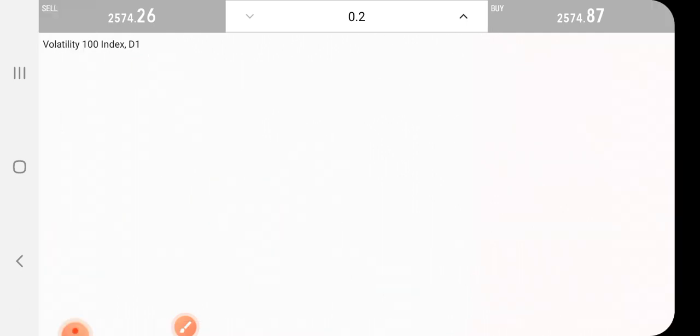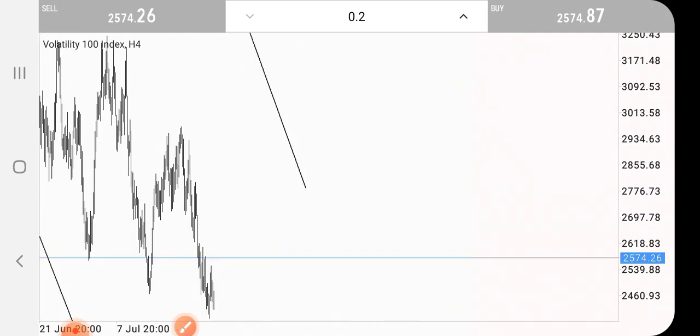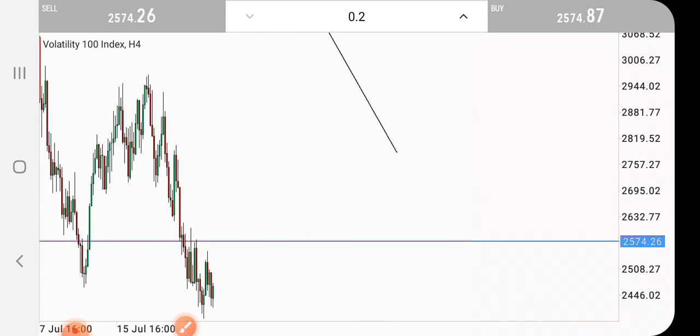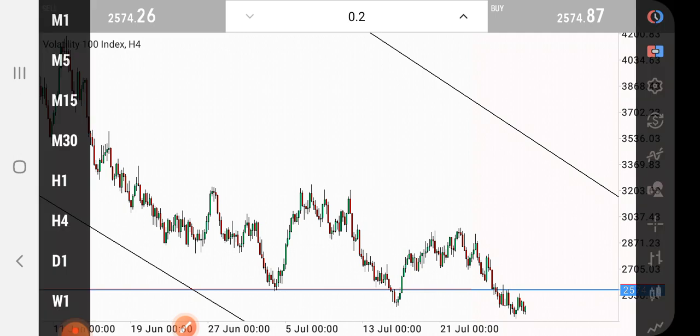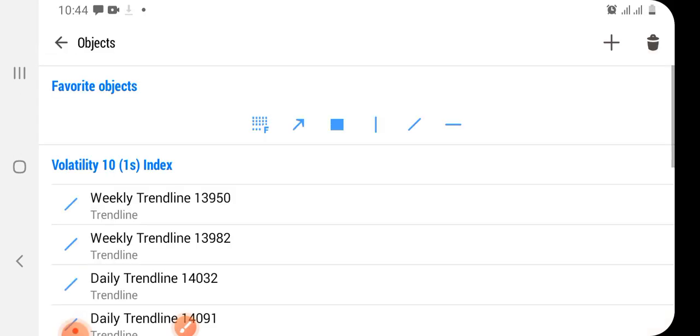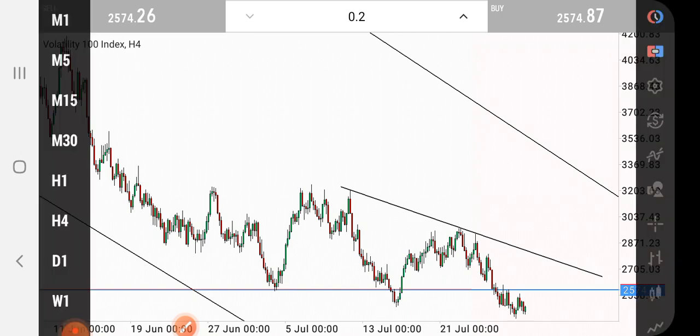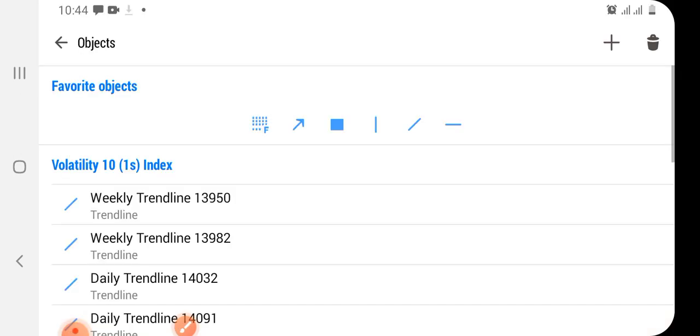The market is trending down. So what is happening here? You come like this, you connect our points here, then you connect this point here.